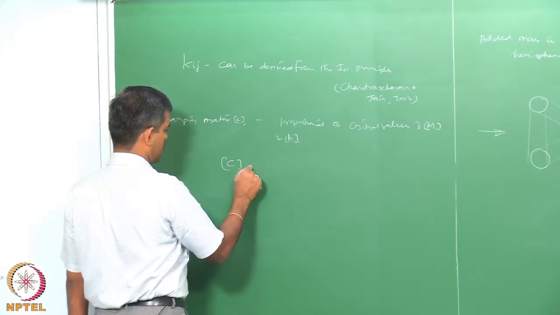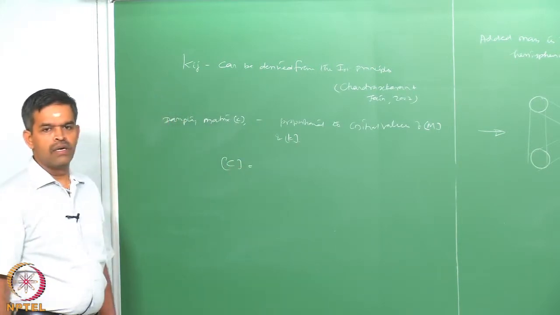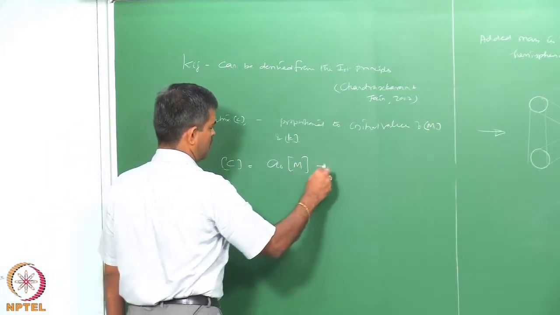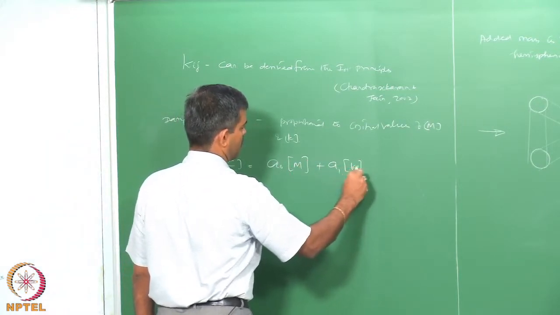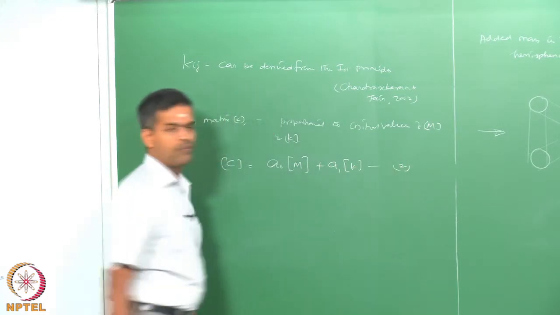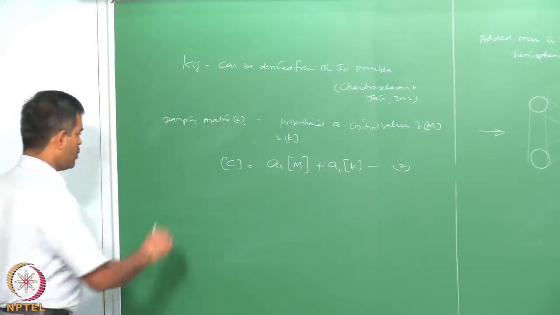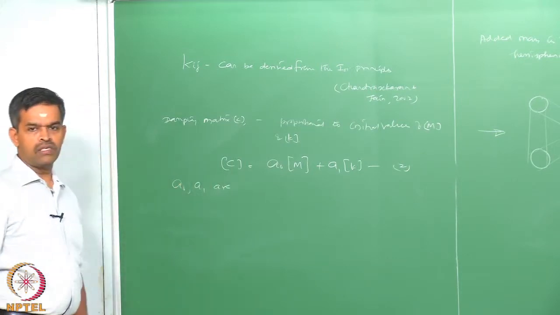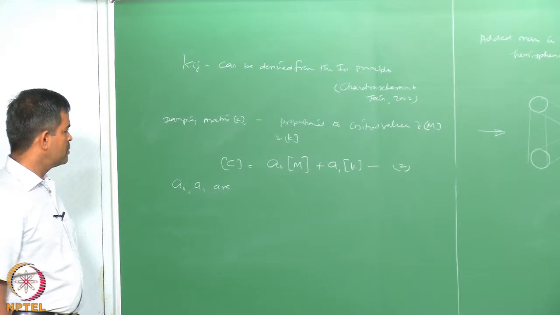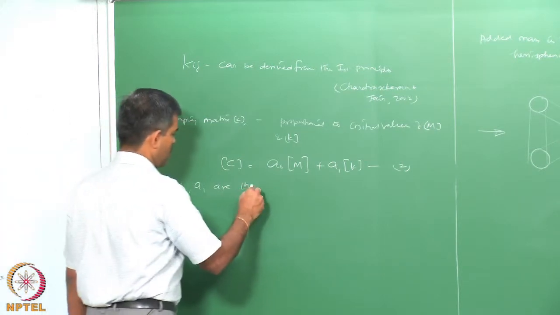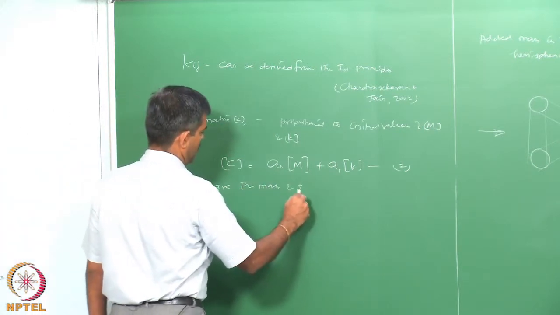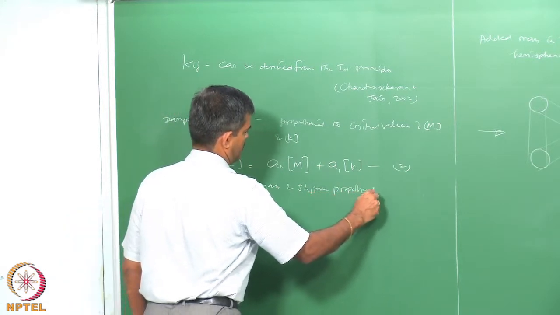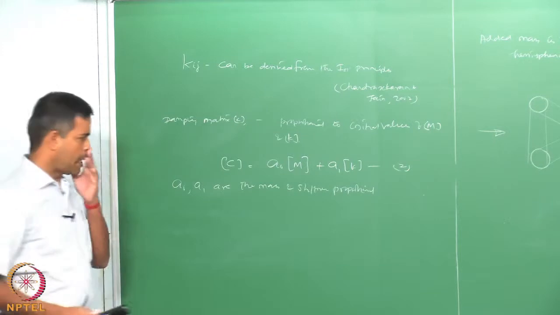So, C matrix is given by a Rayleigh model combination of this, which is A0 m plus A1 k. I call this equation number 2, where A0 and A1 are essentially the mass and stiffness proportional damping coefficients.